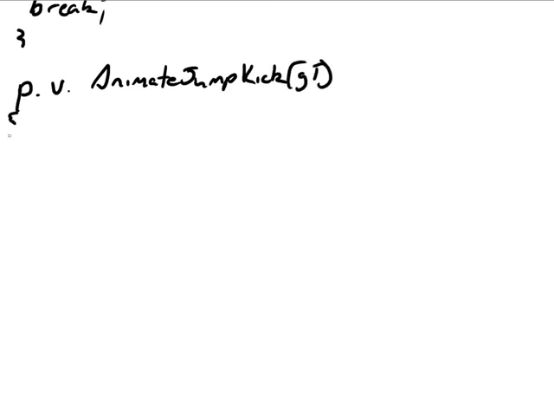Animation is private void animate jump kick, using game time. What do we do?